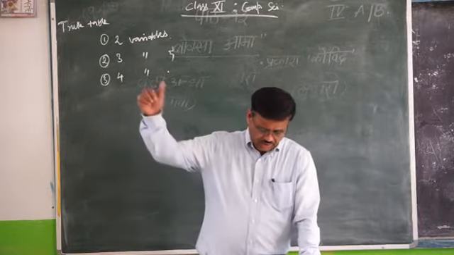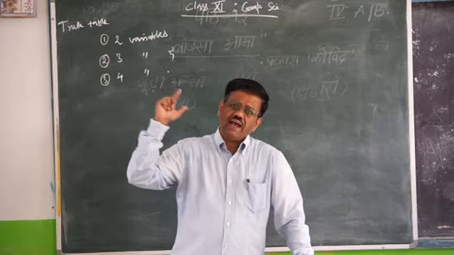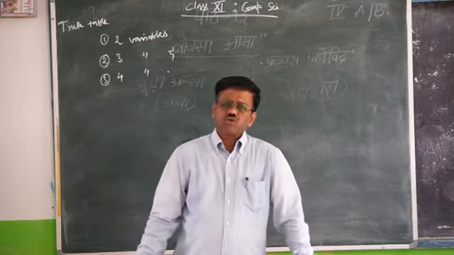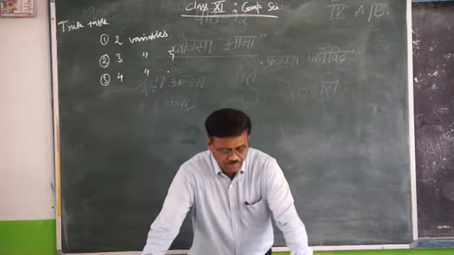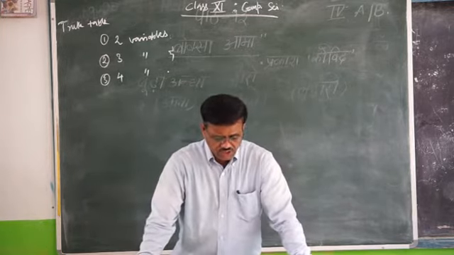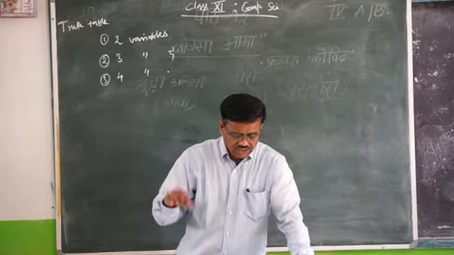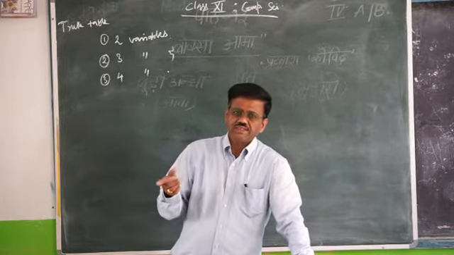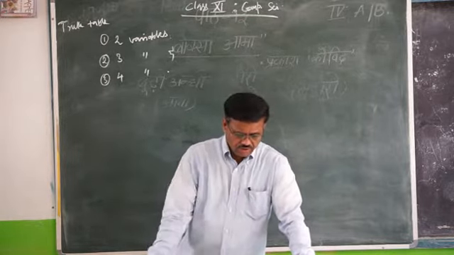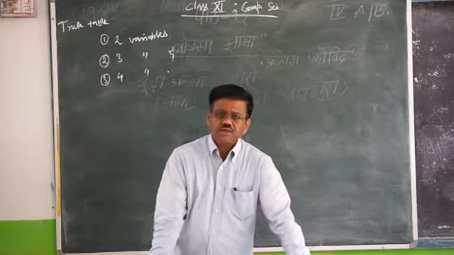What do you mean by inverse, converse and contrapositive? The converse of a conditional proposition is determined by interchanging the antecedent with the consequent. What do you mean by that?